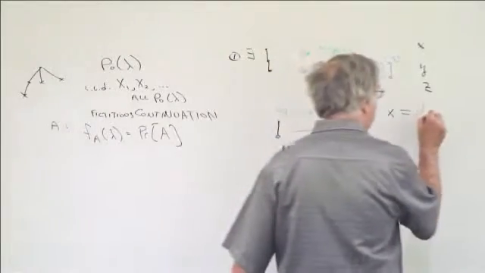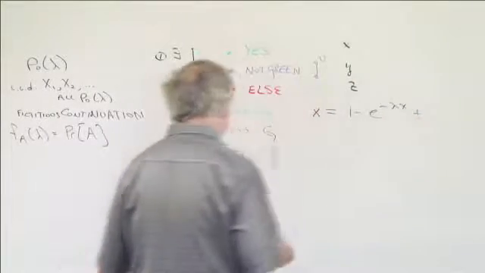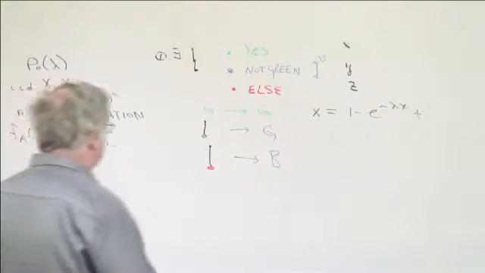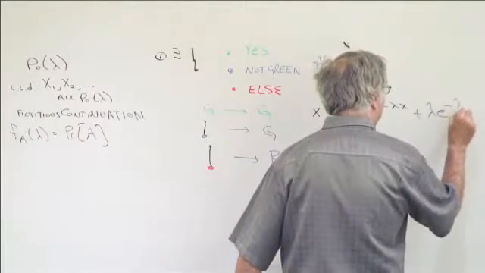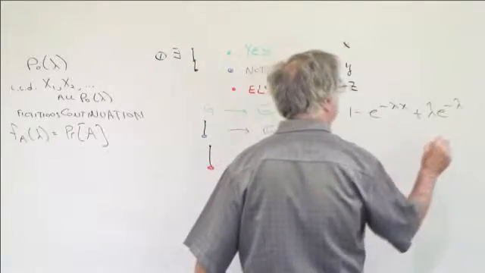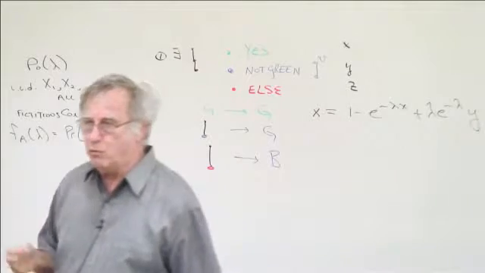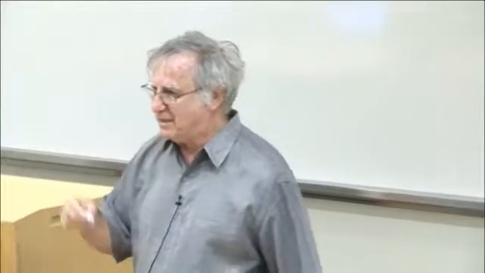So we get 1 minus e to the minus lambda x. But we also might have a single child, which is blue, and that is lambda e to the minus lambda times y. Because you'd have to have exactly one child, which is lambda e to the minus lambda, and then given that, that child would have to be blue, which is y.